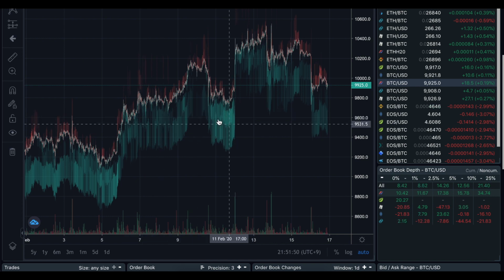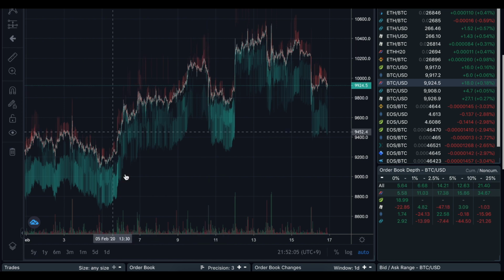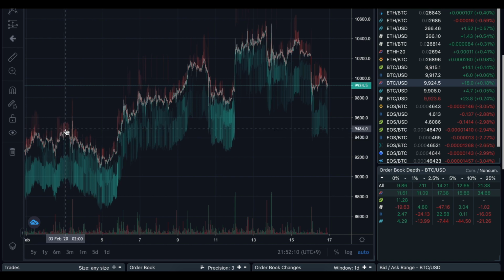So basically it represents the depth, the thickness of the orders in the order book. Greens are the bids, which are buy orders, and reds are the asks, the sell orders. So let's look at how it works. Let's say from here we didn't have many buying orders, but we had a lot of red sell orders.